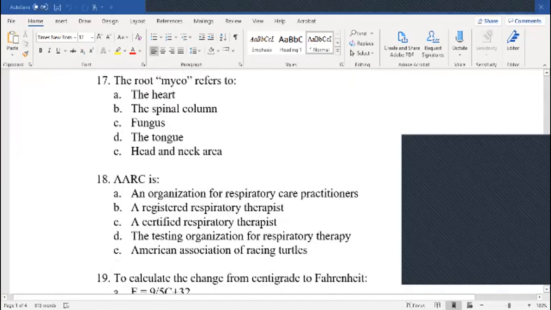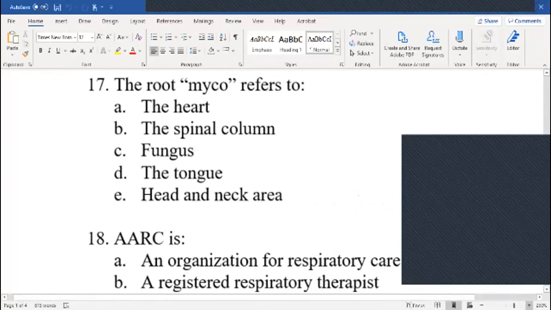All right, let's look at 17 and 18. Shatara 17, Talicia 18. The root myco refers to what, Shatara?